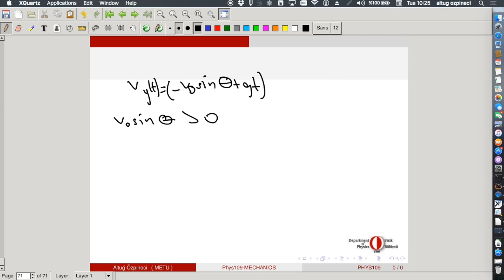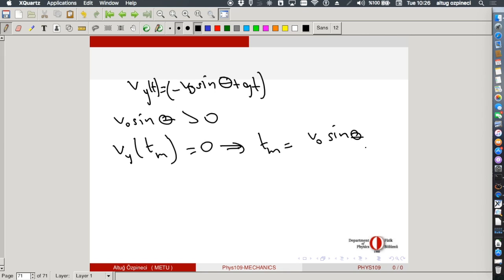So the larger the time, the closer it becomes to 0, and eventually there will be a point at which it is exactly 0. So Vy at time Tm is 0, and this happens when Tm equals V0 sin theta over g.